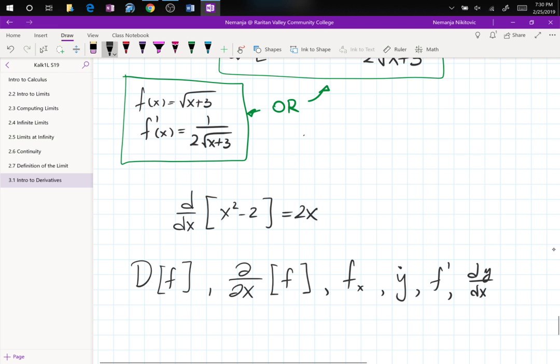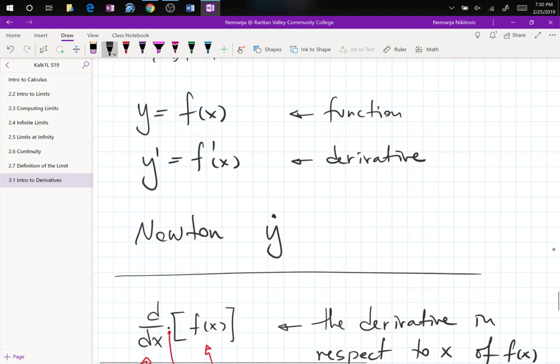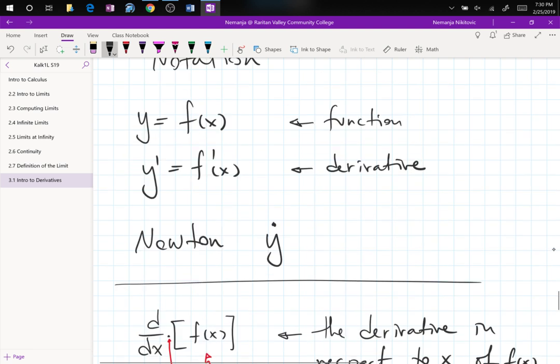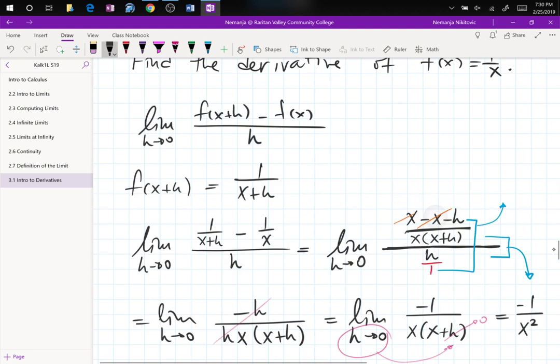So it's the best notation that you can possibly have, and we'll discuss this again. All right, so that's it for 3.1.